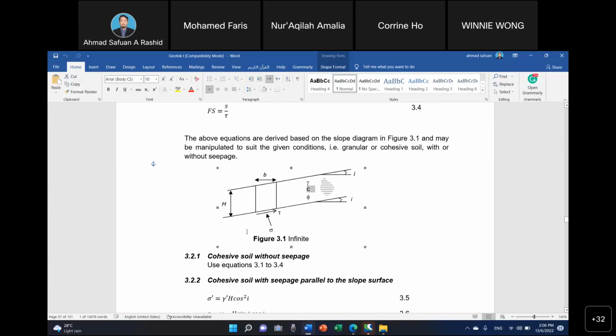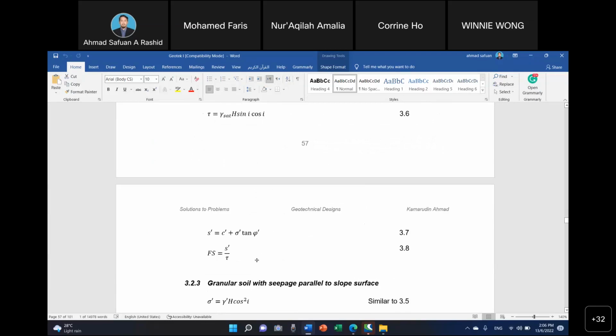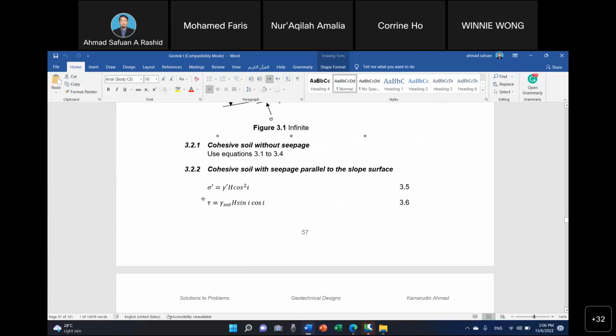What happens if there is seepage? Then we may use equations 3.5 to 3.8. The first one is the effective normal stress. We need to use the effective unit weight to get the normal stress value. That is why we need to assume that the seepage is parallel to the slope surface.